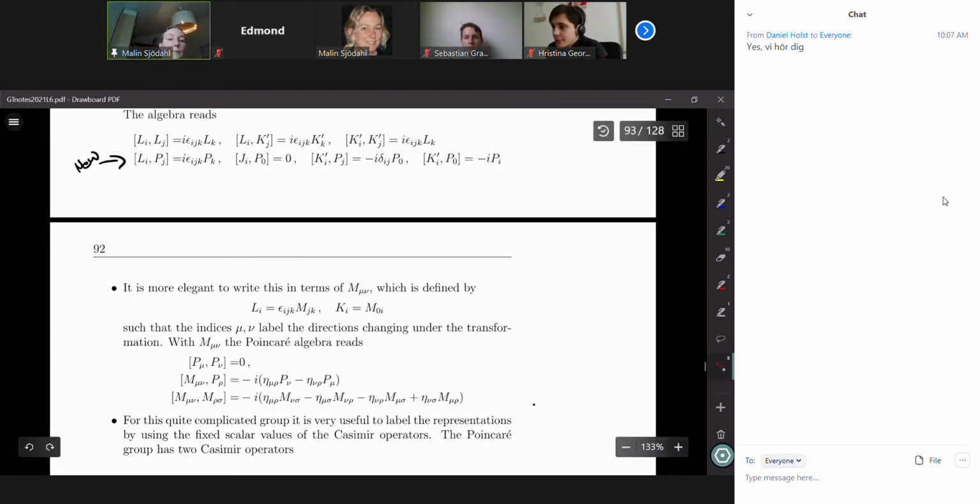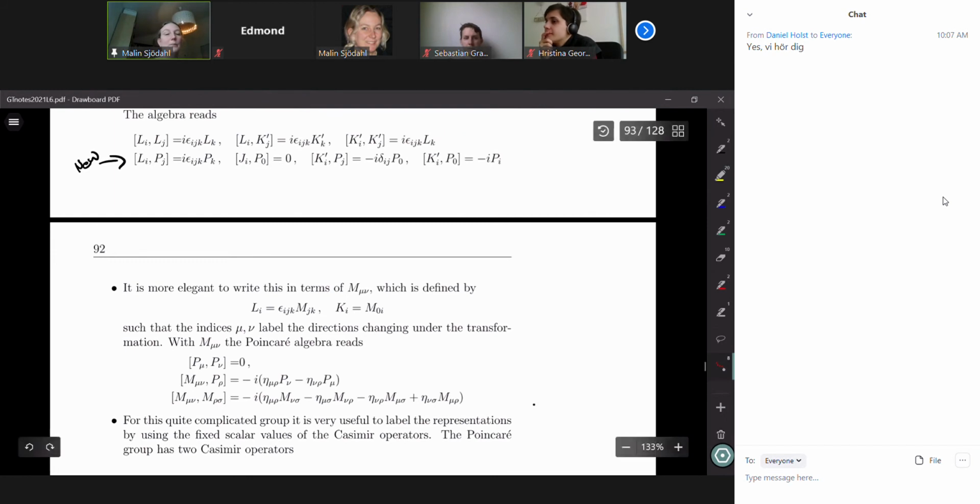We take our L_i and define it as epsilon ijk M_jk, where these are the directions in question being involved, and this is of course just plus minus 1. And K_i, a boost in I direction, is mixing 0 and I direction, so this is M_0i. Then if we cast the algebra into this form, we can collect these commutators in a somewhat more compact form.